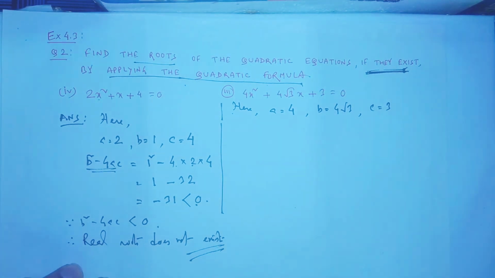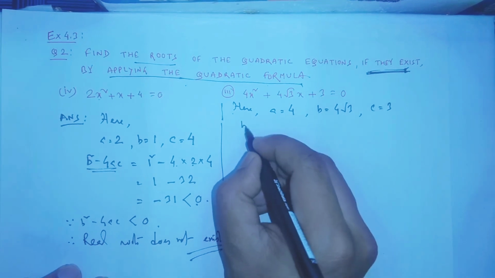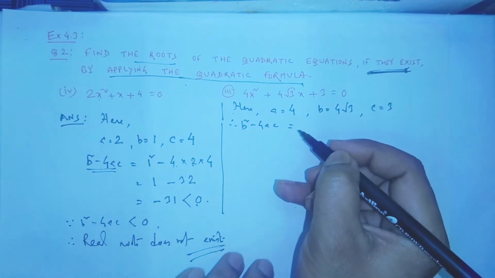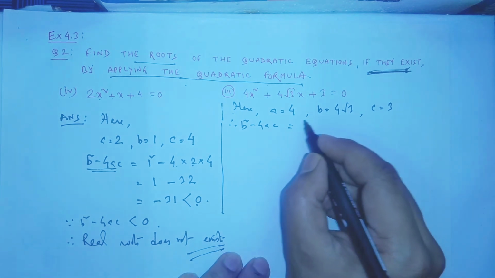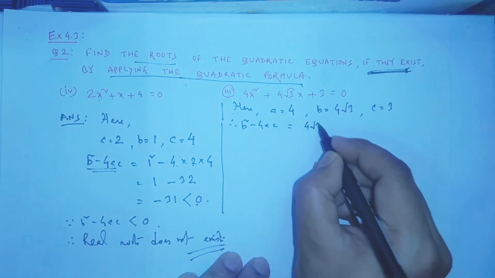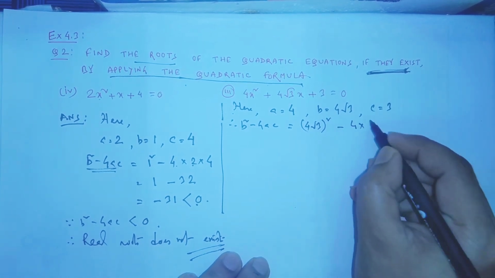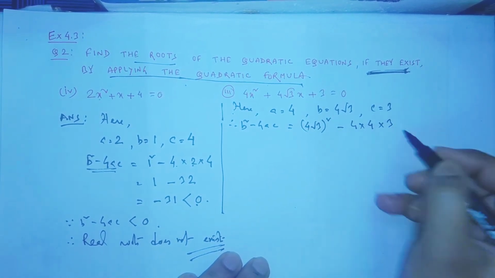So I have written the values of a, b and c. Now directly find b square minus 4ac, which is 4 root 3 whole square minus 4 into 4 into 3.